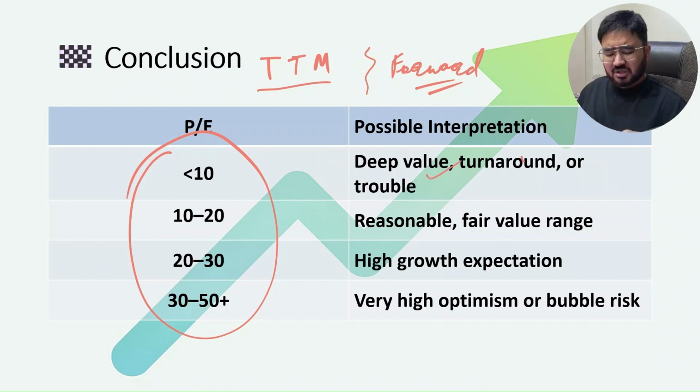It could be a turnaround, if the company was going down and is now starting to get up, or it is just trouble. And a very high price to earnings shows very high optimism. People are expecting that the company will earn more and more in future, or it's just a bubble to capture your money.